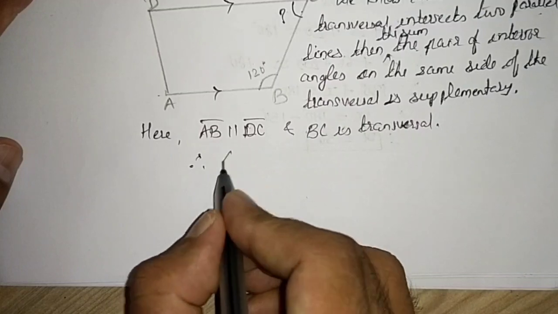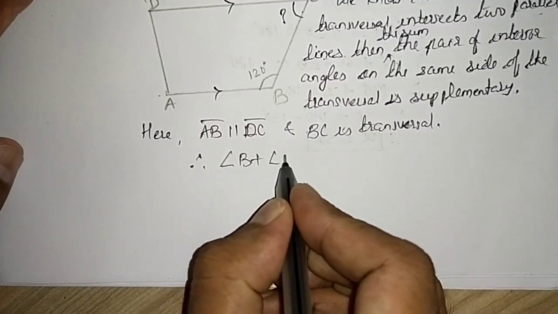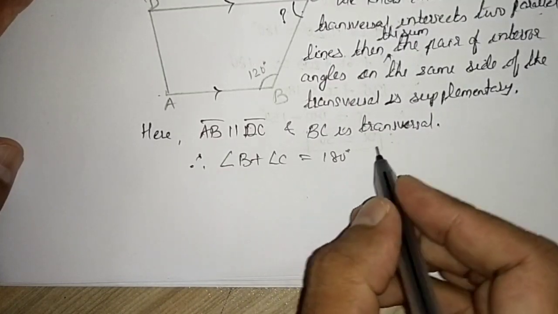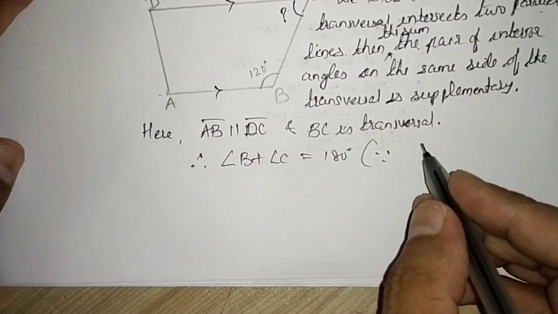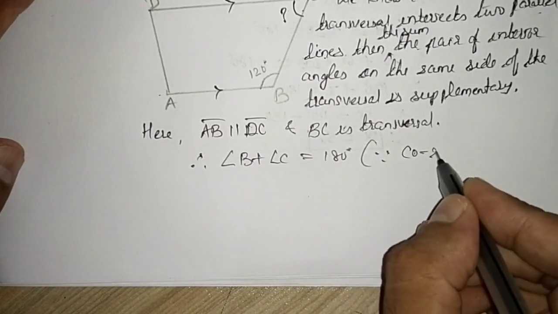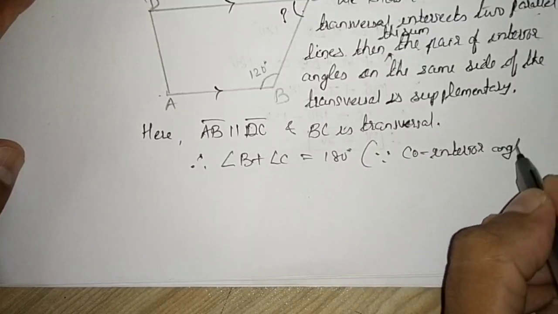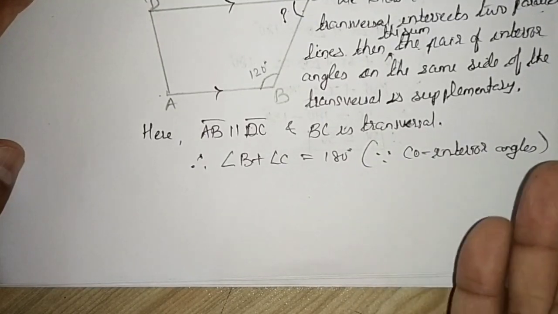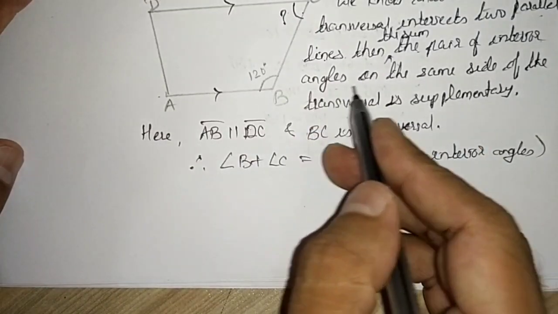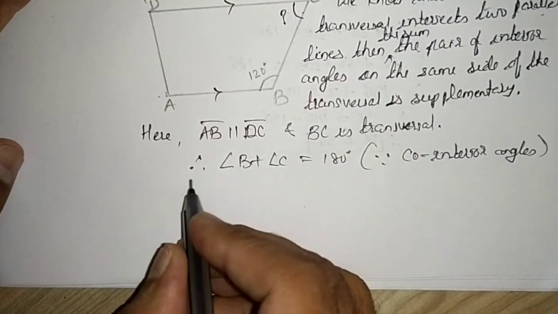Therefore angle B plus angle C is equal to 180 degrees. The reason we have to give is co-interior angles, or a pair of interior angles on the same side of the transversal.